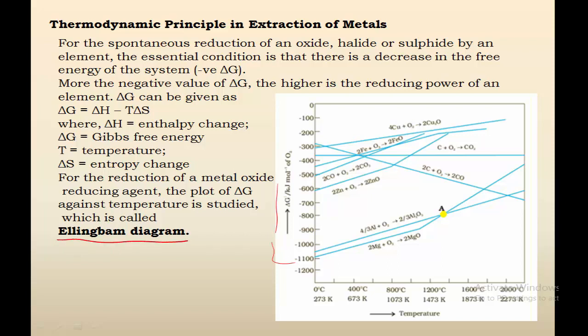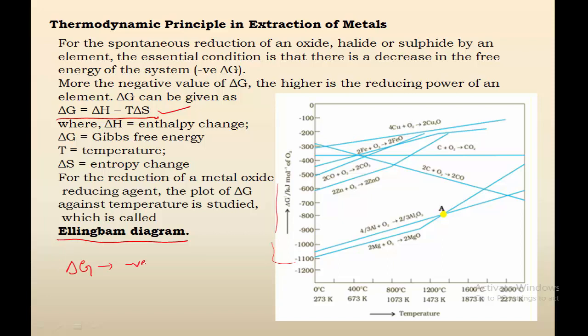And the feasibility of the reaction can be known by using this equation, which is known as the Gibbs-Helmholtz equation: delta G is equal to delta H minus T delta S. It explains whether the reduction process will take place with the given reducing agent or not. And here some conditions you have to remember.